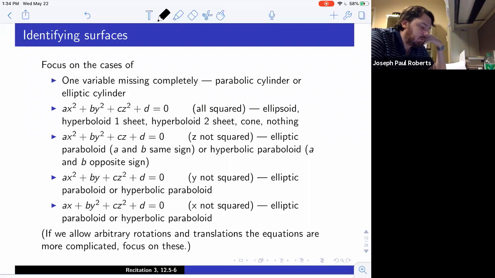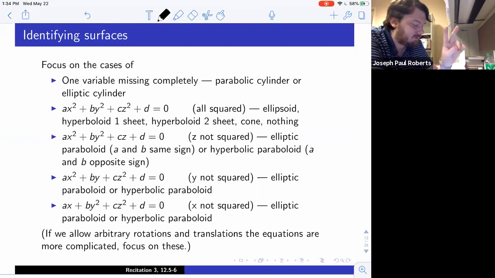And so the things you're going to look out for when you see an equation is, first, take a look and see if any of the variables are missing completely. If any variable is missing completely, that's guaranteed to give us some sort of cylinder. And it's just a matter of figuring out what the cross sections are. It could be a parabolic cylinder, an elliptic cylinder, or a hyperbolic cylinder. For some reason, we've never really focused on that, so I wouldn't worry about that.